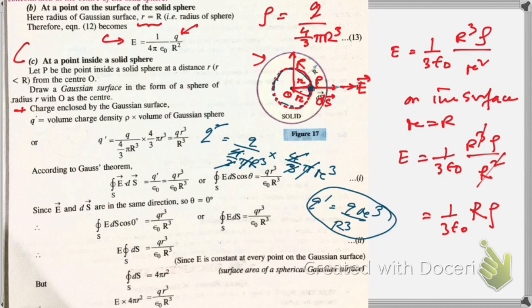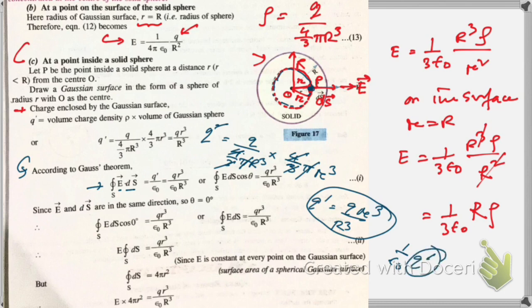According to Gauss's theorem again, the electric flux, which is the surface integral of vector E dot vector dS, is now 1 by epsilon naught times Q dash.